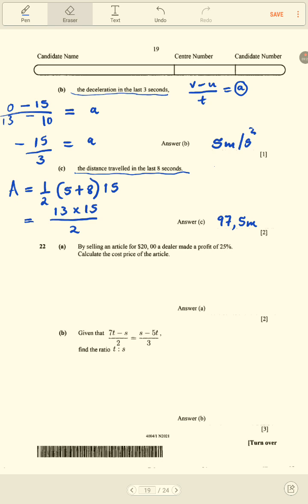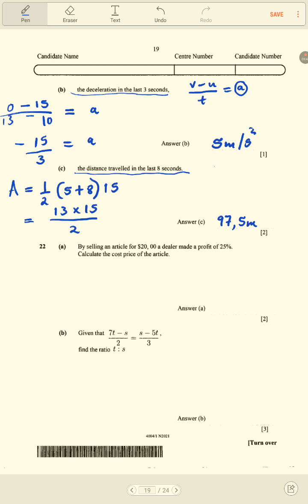So here I'm going to look at number 22. Number 22 says, by selling an article for $20, a dealer made a profit of 25%. Calculate the cost price of the article.